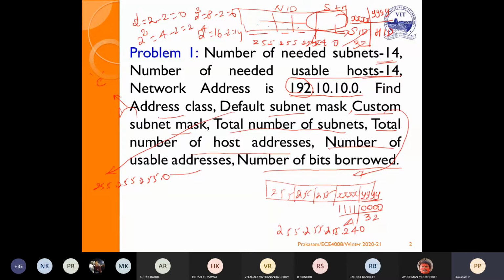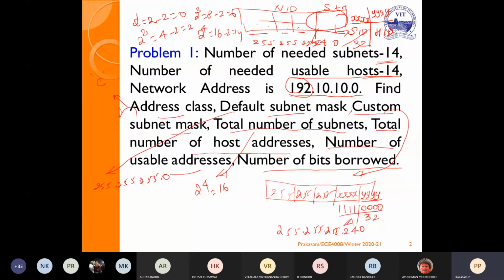Next question, total number of subnets. Out of 8 bits we are using 4 for subnet and 4 for host. So the answer is 2 power 4, which is 16. It is not usable; they are asking for the total number of subnets.